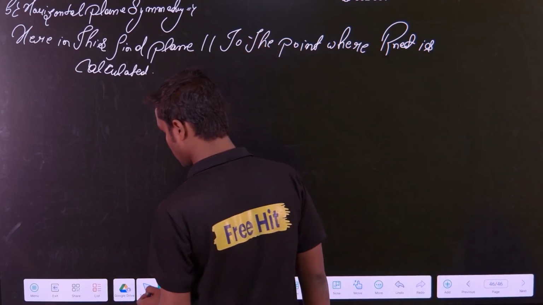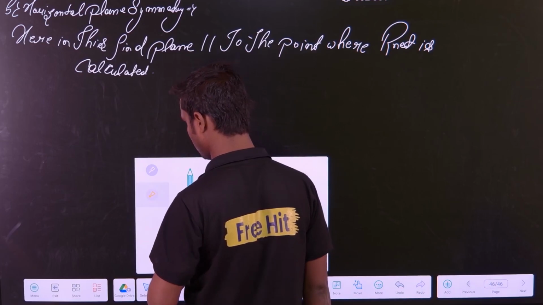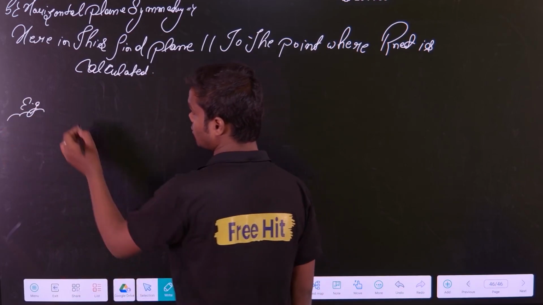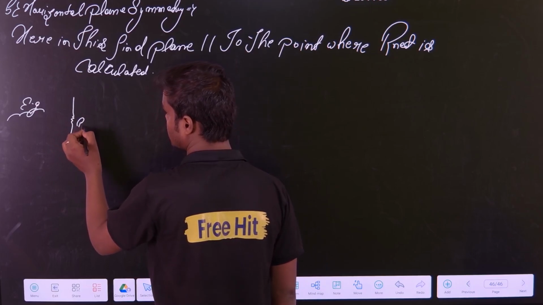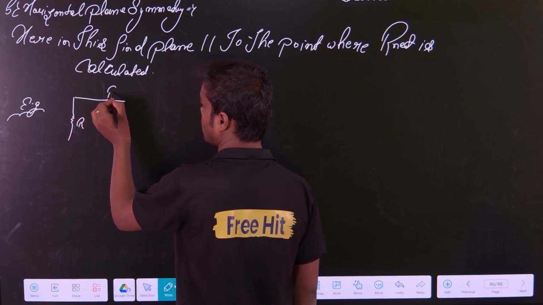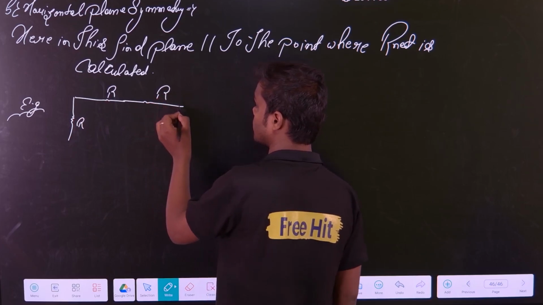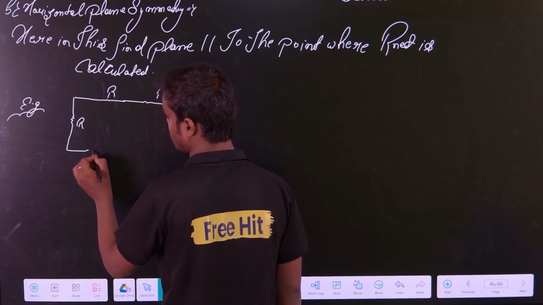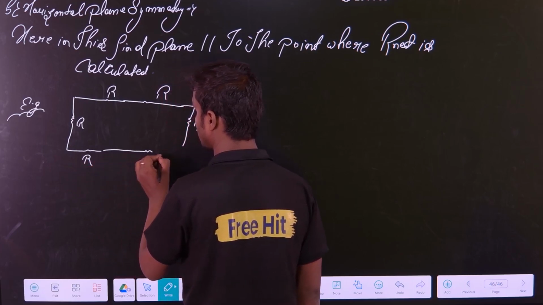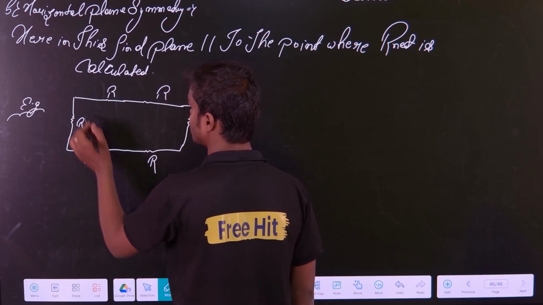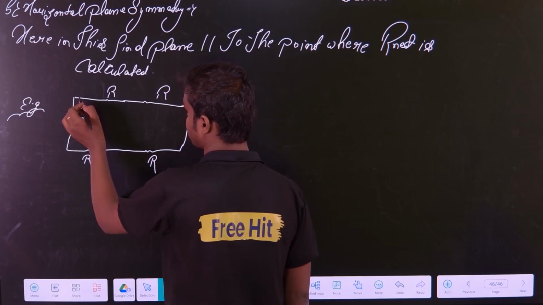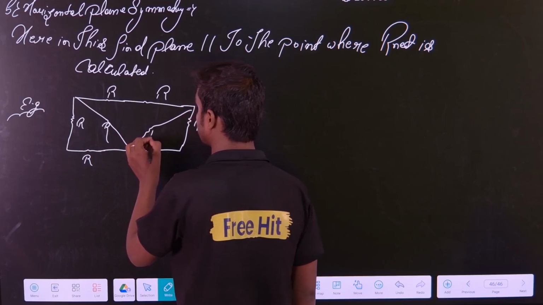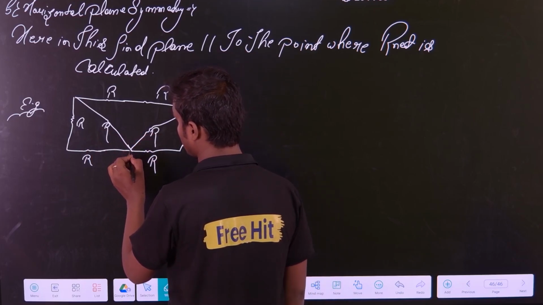Now I will discuss one example that will make your picture clear. Okay, let us take one example. So suppose this is my diagram. It takes me a little time to draw the diagram, just wait a minute. This is R, and suppose this is also R, this is also R, this is also R, and these two are joined here.